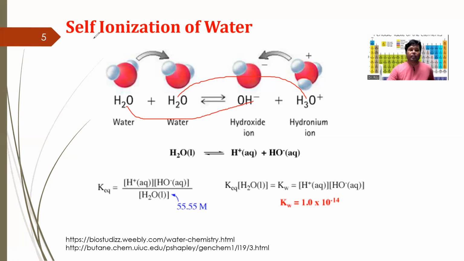Therefore, in self ionization, water can give a proton to another water molecule, so one water behaves as an acid and the other as a base. Thus we can consider water a self ionized compound. Both are participating, so we have OH minus and H3O plus. Again, liquid water dissociates into H plus and OH minus.